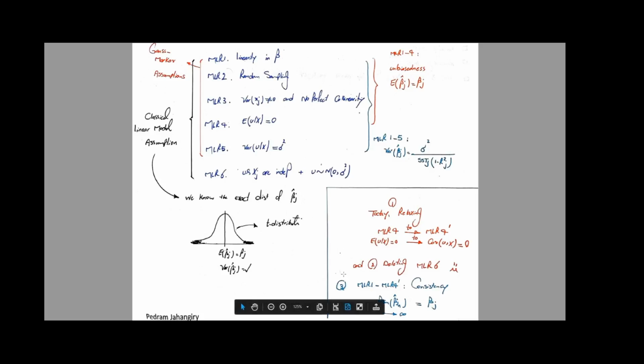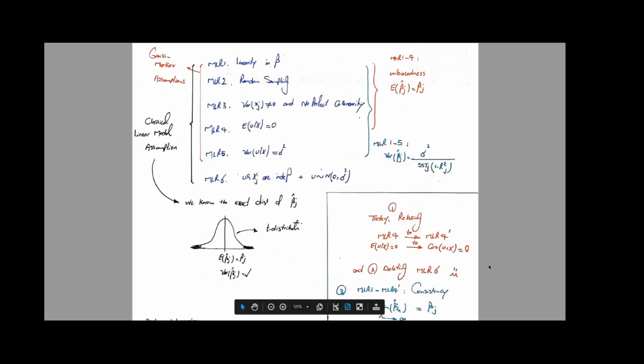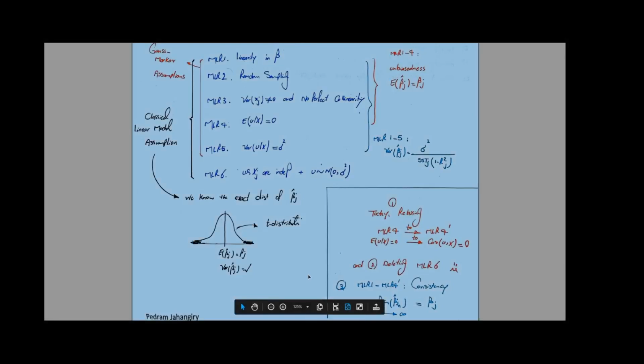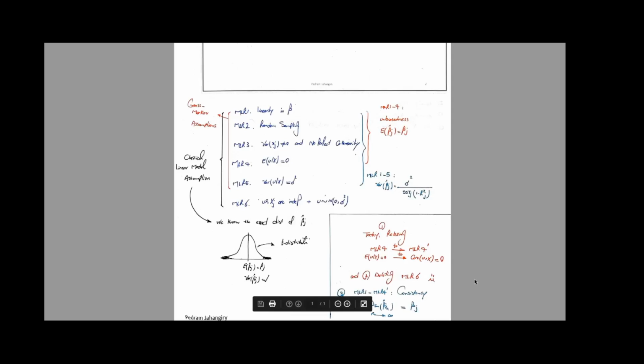So again, we relax assumption number 4, we delete assumption number 6, and then we're going to come up with a new theorem. We say that if I have assumptions from number 1 to assumption number 4 prime, remember 4 prime is the weaker version, then my beta hats are going to be consistent.